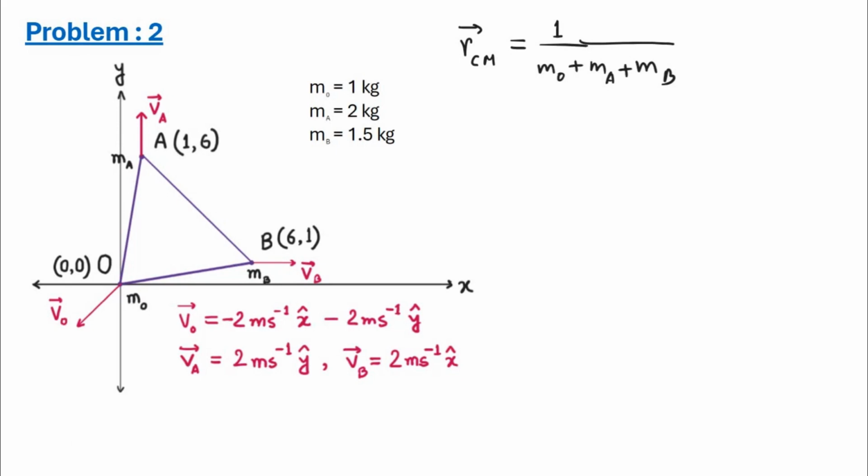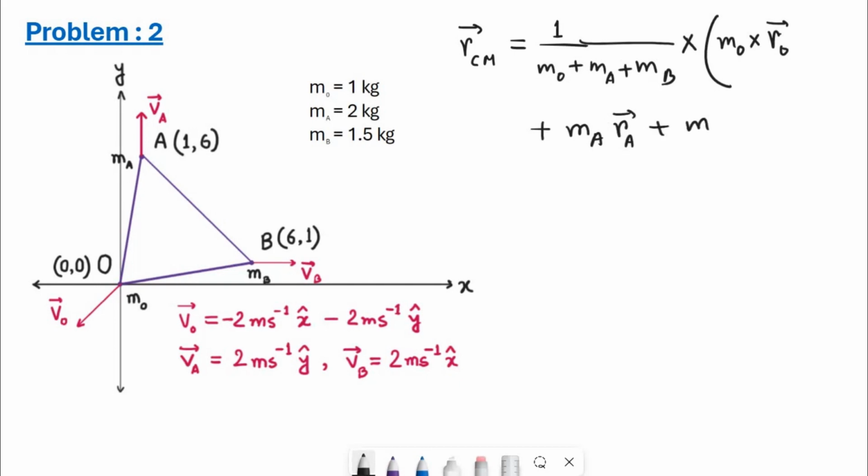And then multiplied by MO times the position vector of the origin, which is actually the 0 vector, plus MA times RA plus MB times RB. Alright? Now just plug in the numbers.